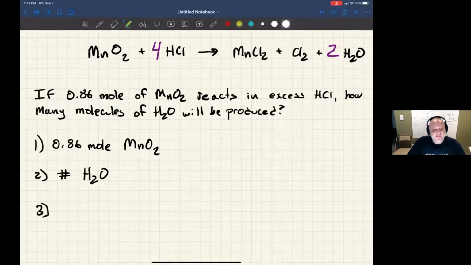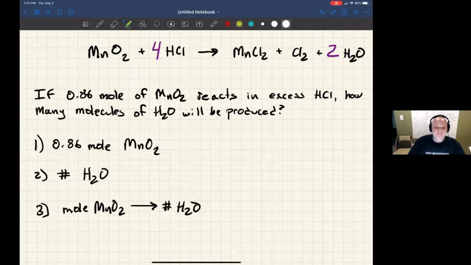And that means the basic plan will be to convert the units in 1 to the units in 2. So moles of manganese oxide to the number of water molecules. Now, stoichiometry introduces the chemical reaction, and the chemical reaction is what you use to do conversions between moles of one species and moles of another species. So in this case, we're asking to convert moles of manganese oxide to the number of water molecules.